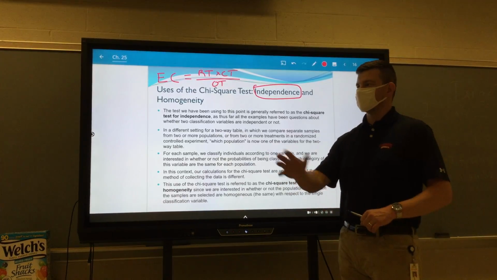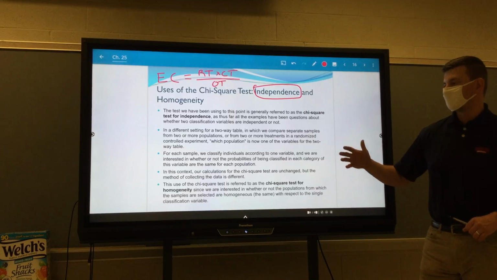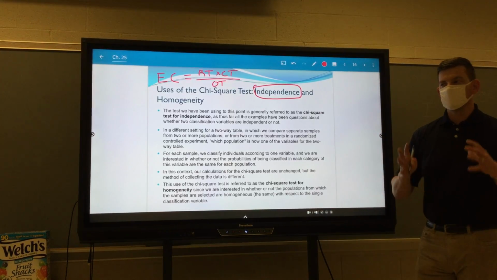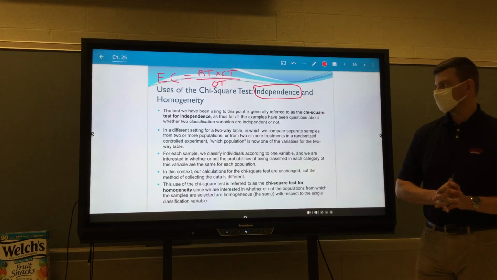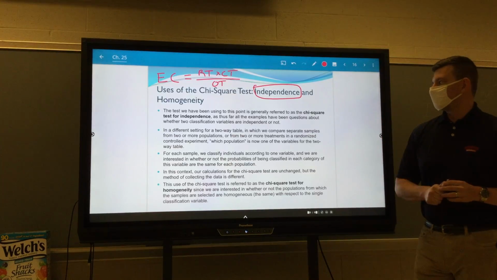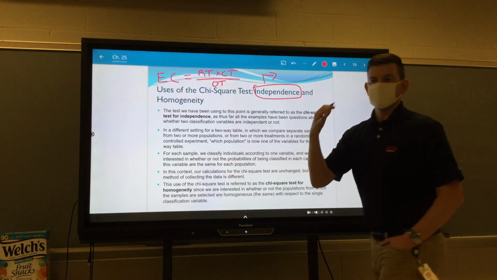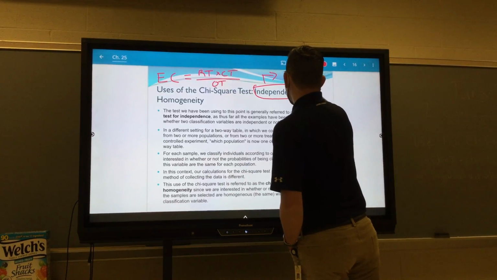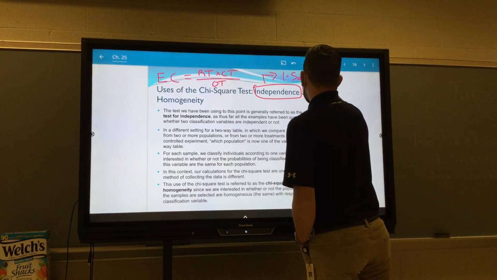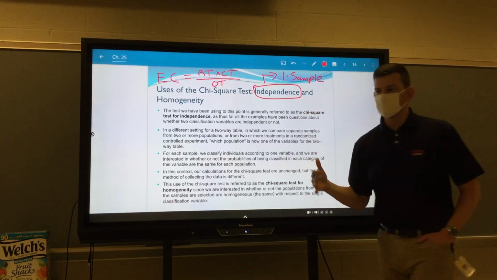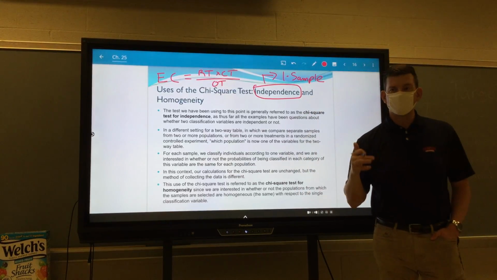Small p-value, reject the null hypothesis, accept the alternative. We do have a significant relationship between these variables. That was a test for independence. The key when using that test is that you're drawing data from a single sample, representing a single population.